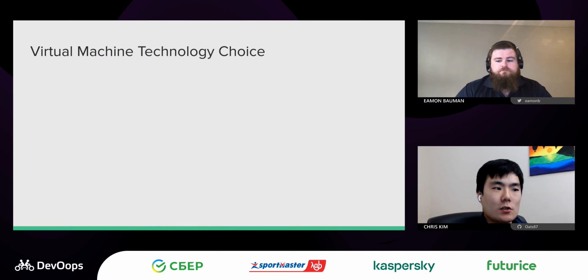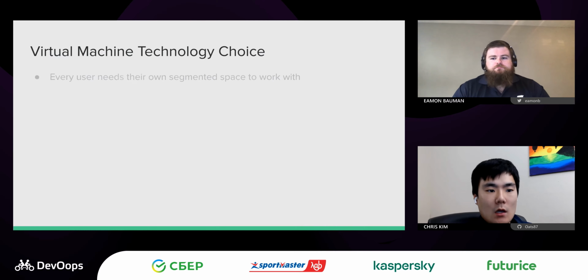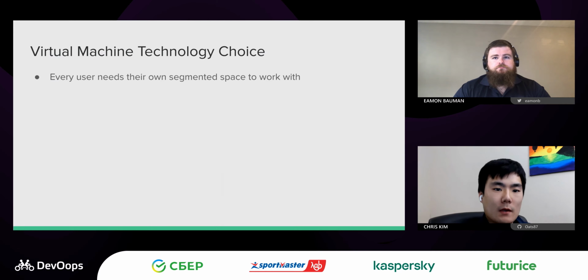From a virtual machine technology choice, I kind of already talked about this, but we had some very specific requirements for the virtual machines and why we wanted to use virtual machines instead of some other alternative solutions. Every user needed their own segmented space to work with, which means that every user needed to have an independent learning environment where no other user could come and cause them problems.